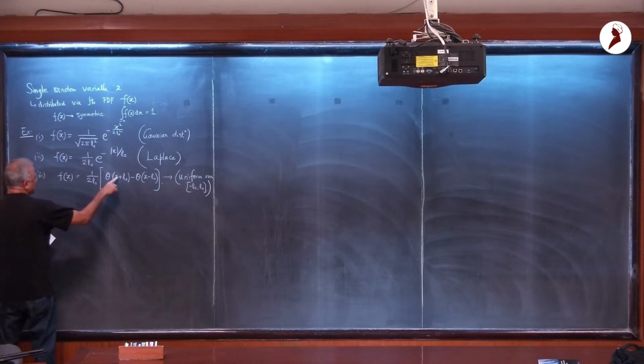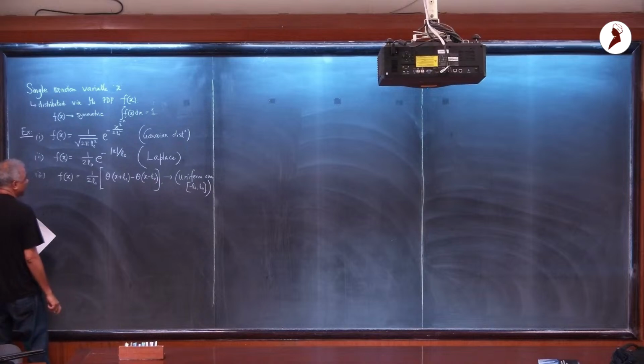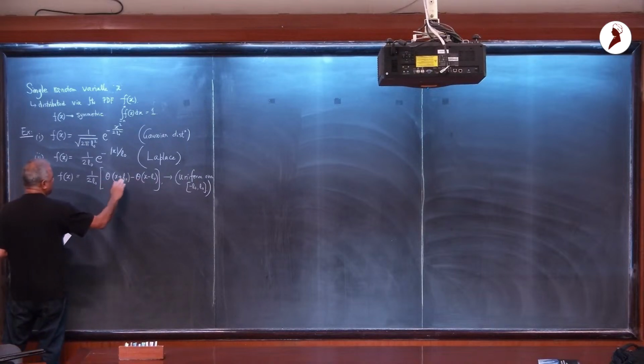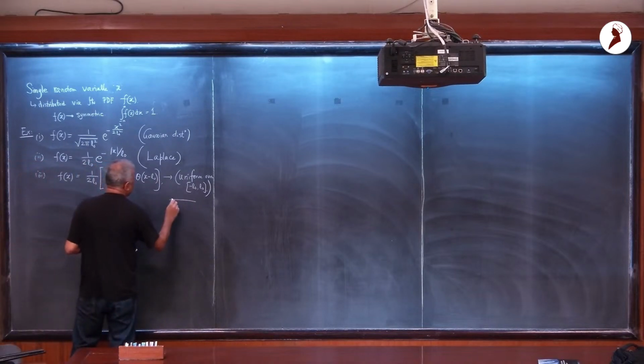Theta function means that this is 1 if the argument is bigger than 0 and 0 if the argument is less than 0. So you can see that it has a shape from minus L naught to plus L naught, and the height here is 1 over 2 L naught.